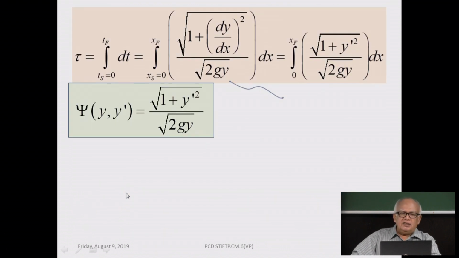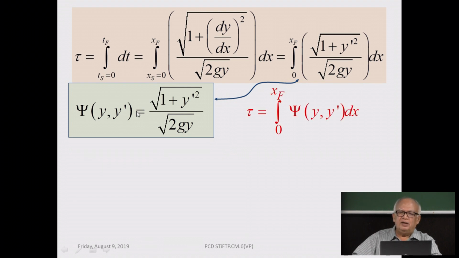So let us write this integrand, which is 1 plus dy by dx squared, where dy by dx is y prime, that is the derivative of y with respect to x. And this integrand is what I have written as psi, which is a function of y. There is a y sitting in the denominator under the square root sign, and there is a y prime over here. So this integrand is actually a function of y and y prime. This is your function psi. This is the integral.